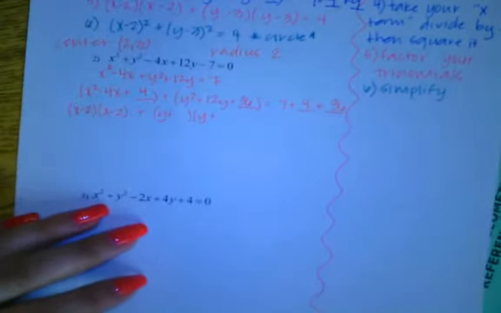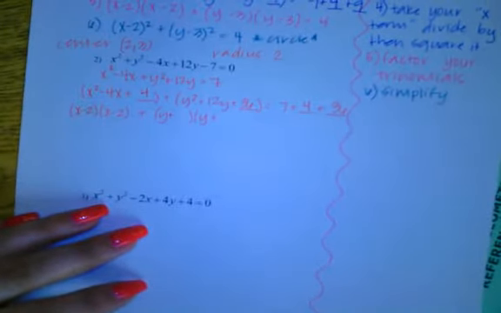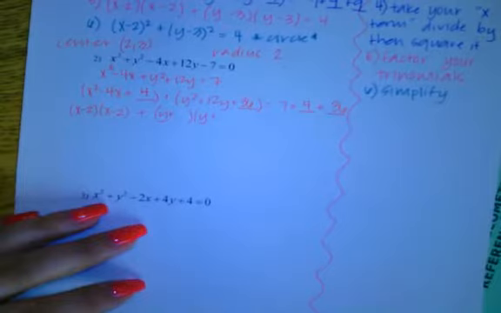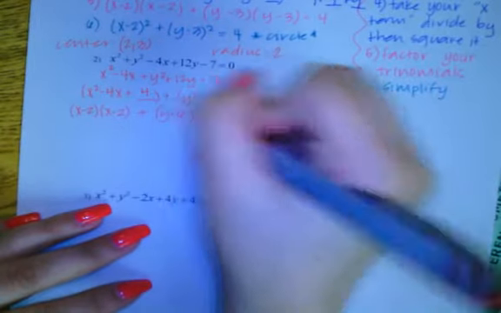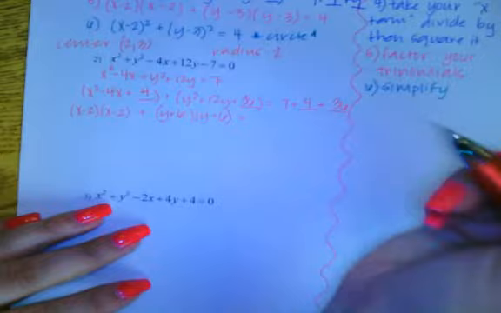What times what is 36? 6 and 6. When you add up your constants over here, what do you get? 47.